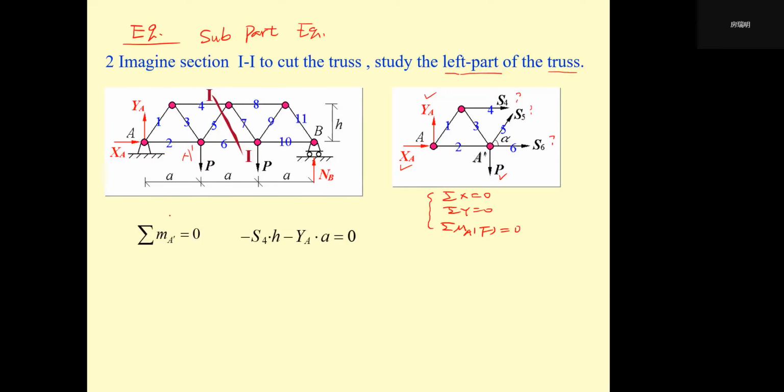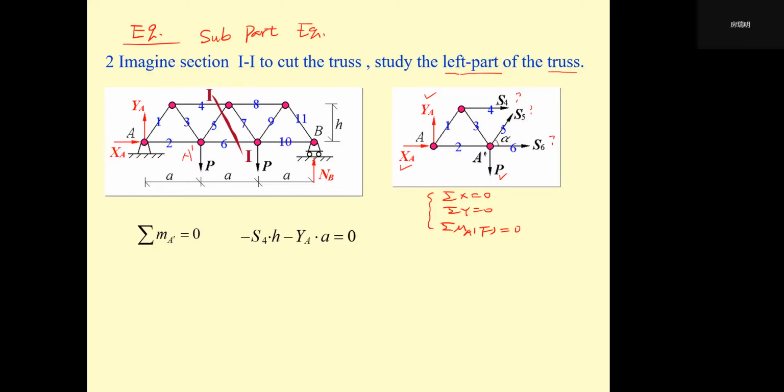We give this moment equation first, then we can use one single equation to find one unknown, because we do not need to consider S6 and S5. So let's give this equation together.